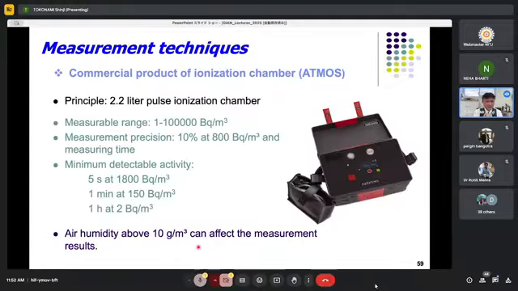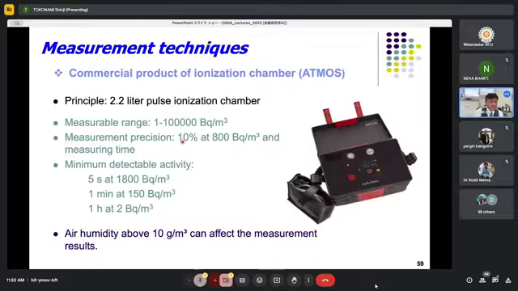This is another type of ionization chamber, namely Atmos, made in Sweden. The principle, 2.2 liter pulse height chamber. Measurable range 1 to 100,000 becquerel per cubic meter.